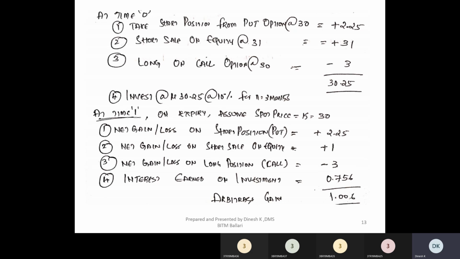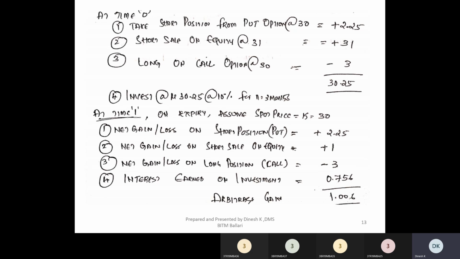When you take a short position on a put option, it is a cash inflow of 2.25. When you take a short sale on equity, it is a cash inflow of rupees 31. When you take long on a call option, it is a cash outflow of rupees 3. So the total is 31 plus 2.25, which is 33.25. 33.25 minus 3 comes out to 30.25.